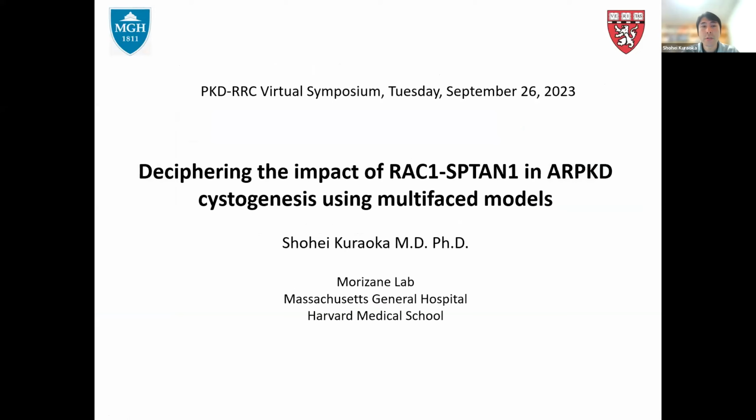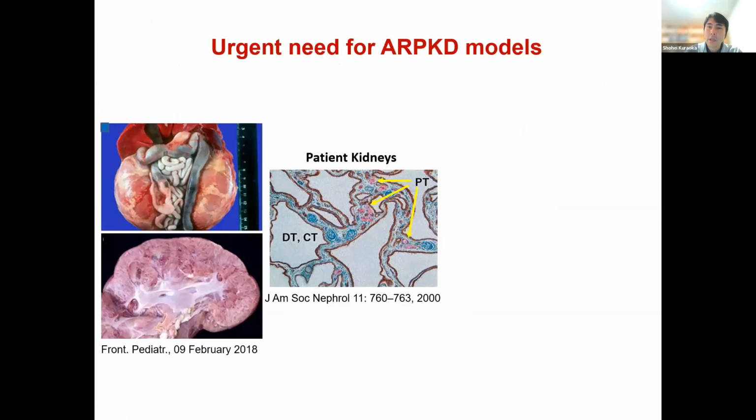Today I would like to talk about my new candidate pathway of ARPKD disease genesis. As you know, ARPKD is a ciliopathy characterized by the formation of severe renal cysts and the progressive decline in kidney function. The causative gene for most ARPKD cases is polycystic kidney and hepatic disease 1, PKHD1.